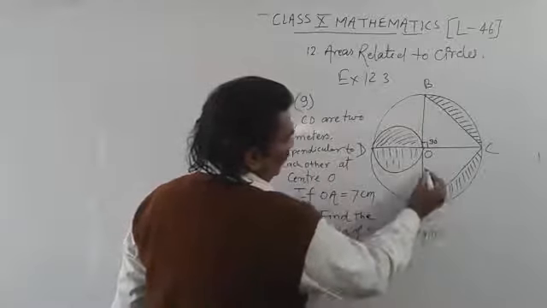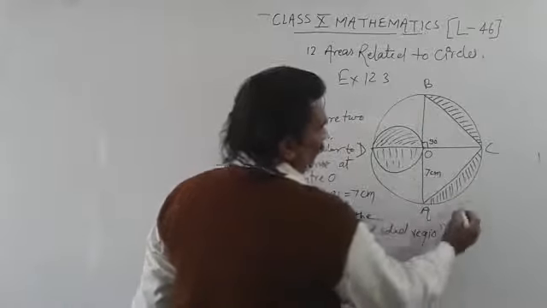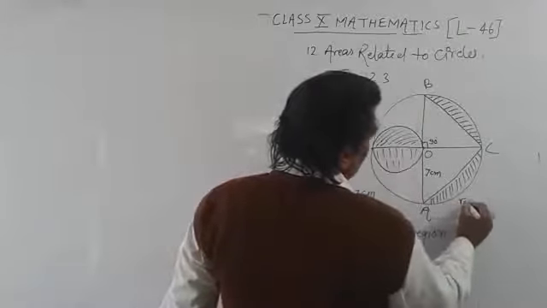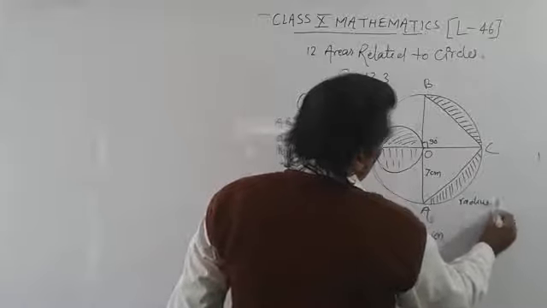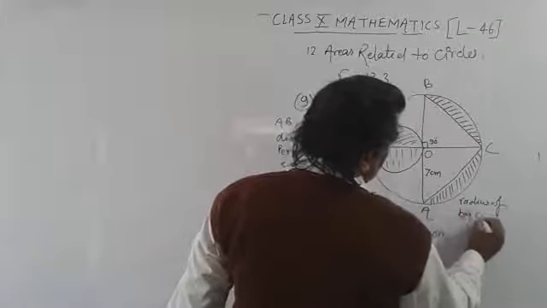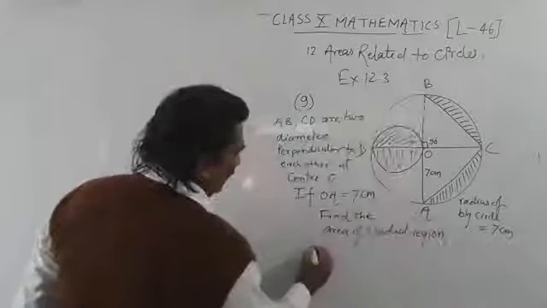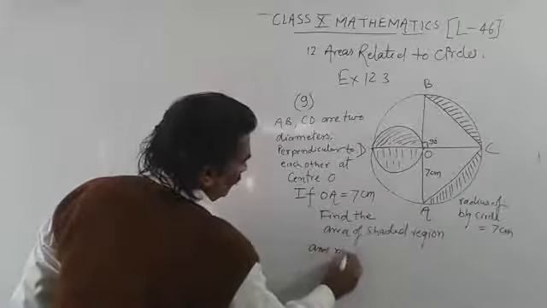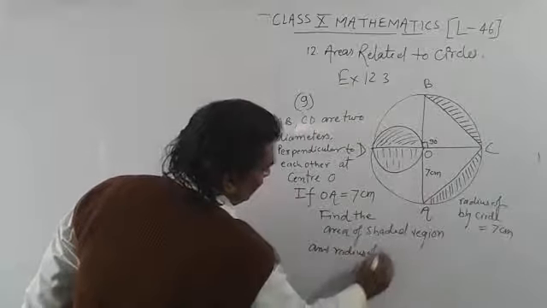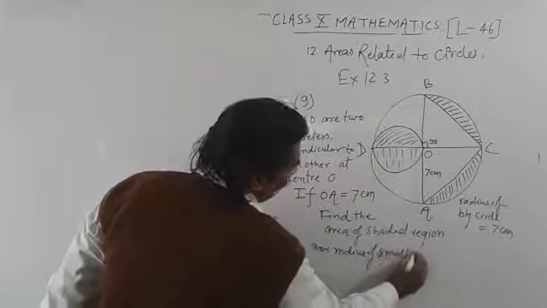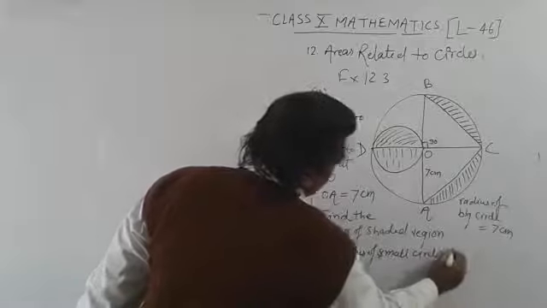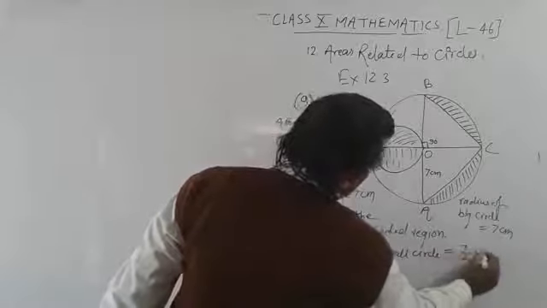OA is 7 centimeter, means the radius of the big circle is equal to 7 centimeter, and the radius of the small circle is equal to 7/2 centimeter.